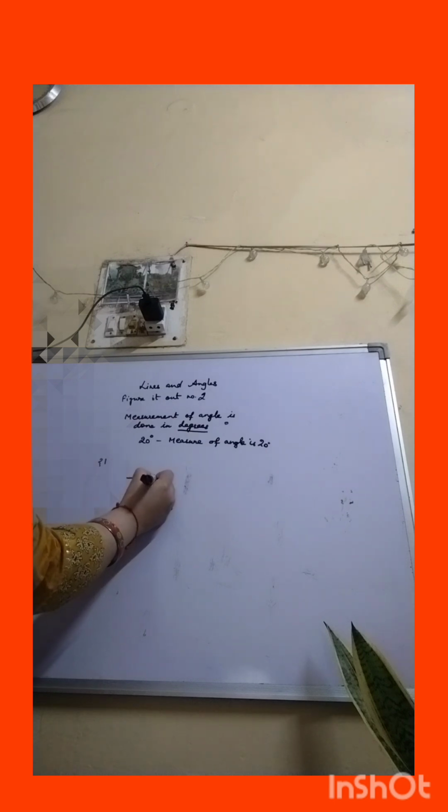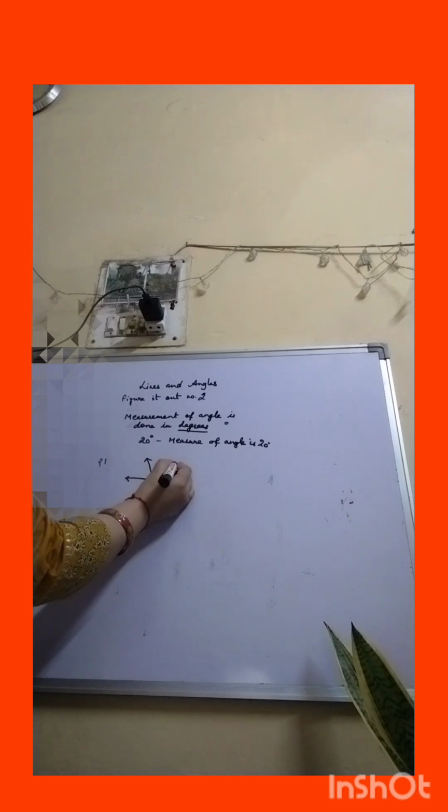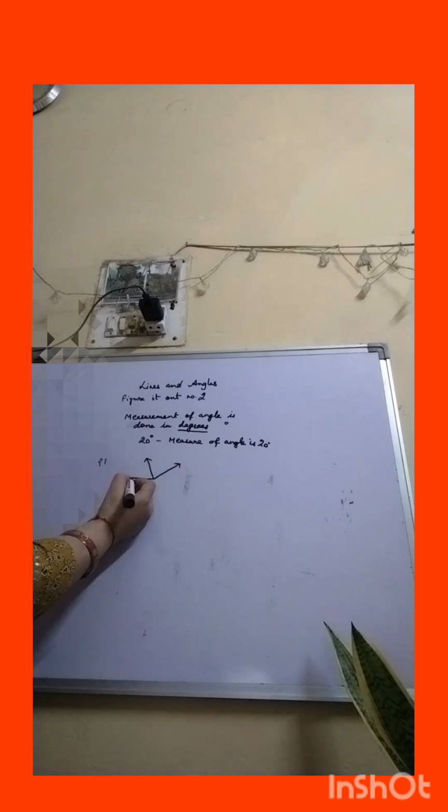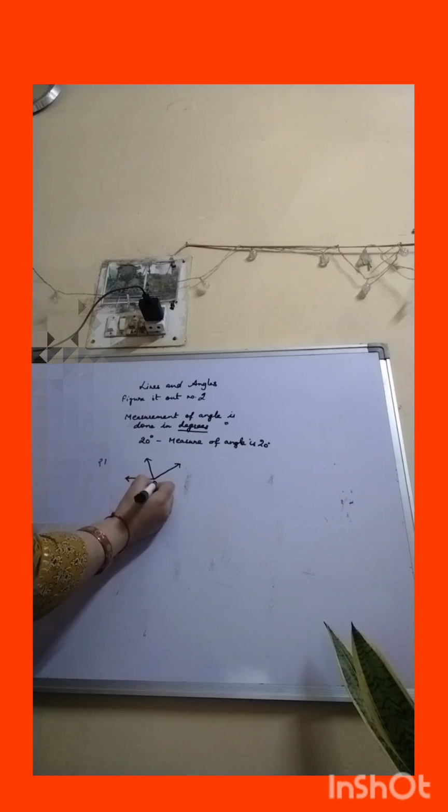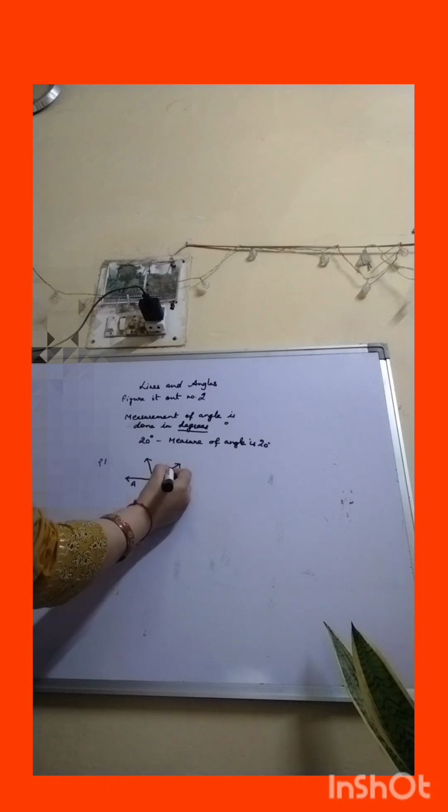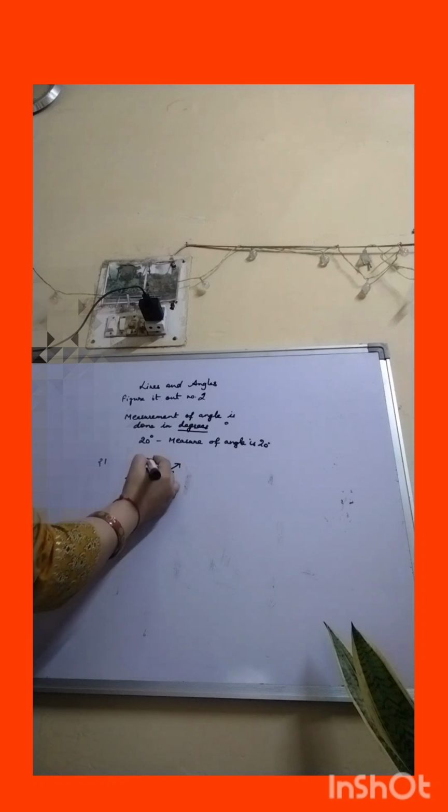Now the angle that they have drawn is like this. So let's mark the same as they have marked. This is the angle that has been drawn. Now, naming of an angle.